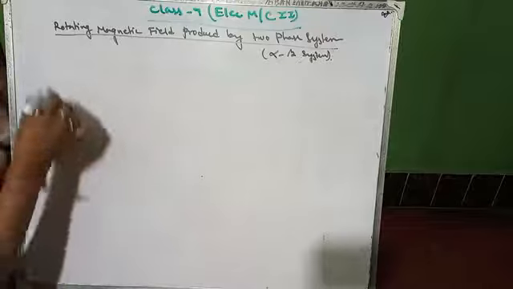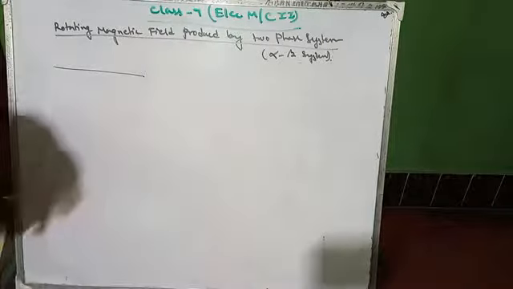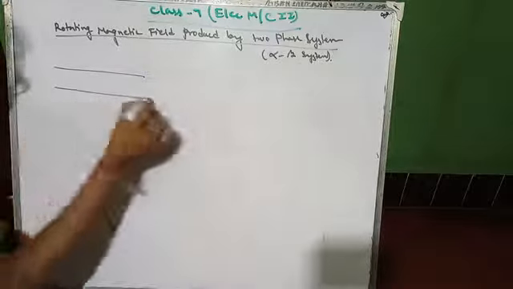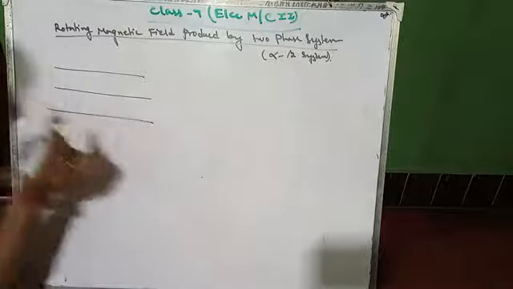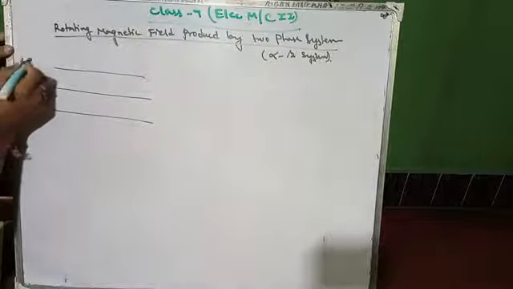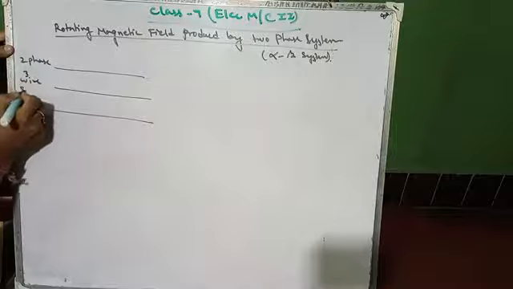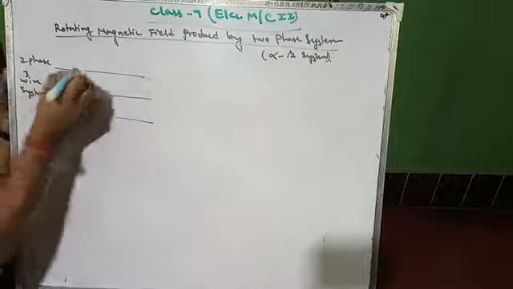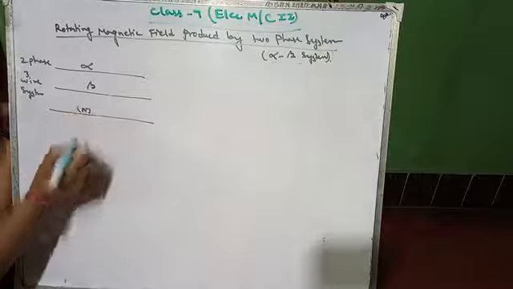Okay, let us assume a rotor part. Suppose it is a two-phase three-wire system. Why two-phase three-wire system? Suppose it is an alpha phase, a beta phase, and a neutral.